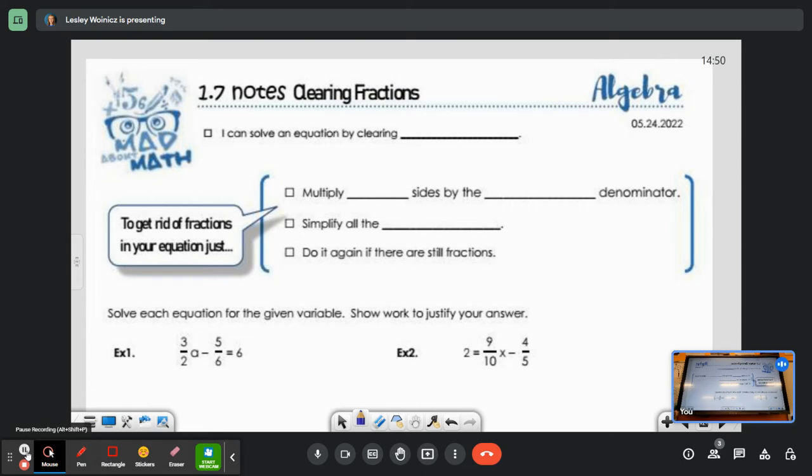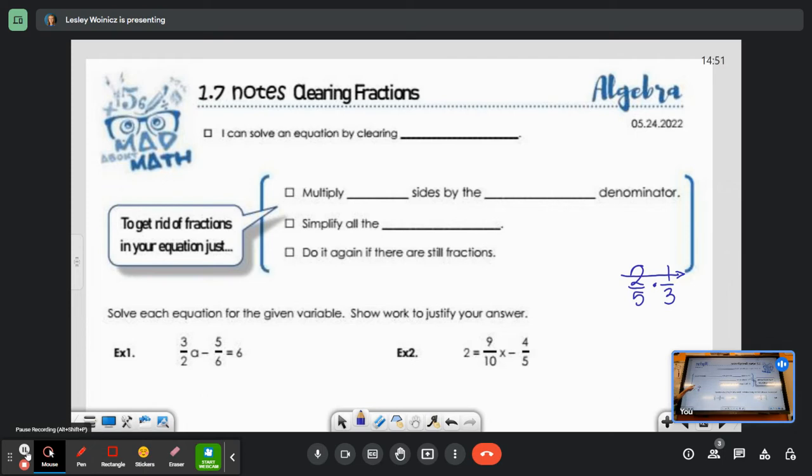I don't know if you remember this from years gone by, but if I wanted to multiply like 2/5 times 1/3, do you guys remember how to stay in your lane and multiply the numerators together?